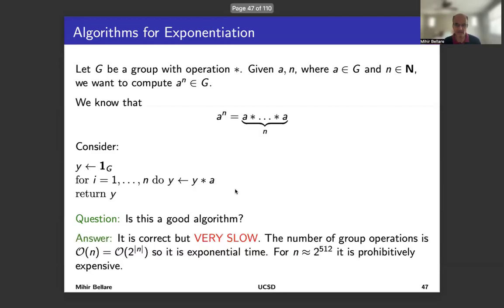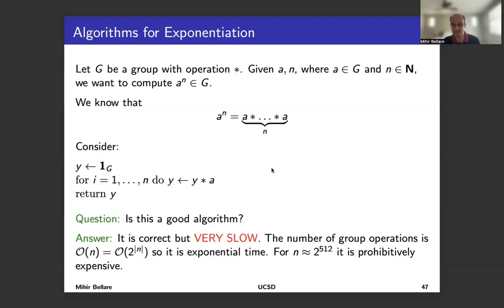So are we done? Is that a good algorithm? Well, it's good in the sense that it's correct. Certainly it's going to give the right answer, but it's not good for the purposes of cryptography because its running time is way too high. Remember that in cryptography, the numbers are hundreds of digits long, and that means the same is true for this number n.